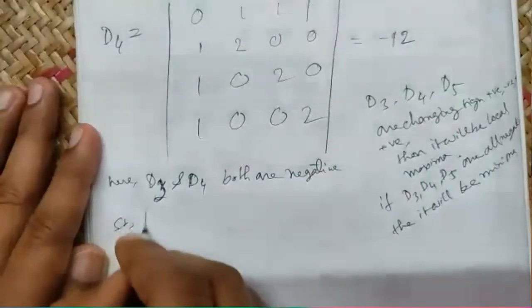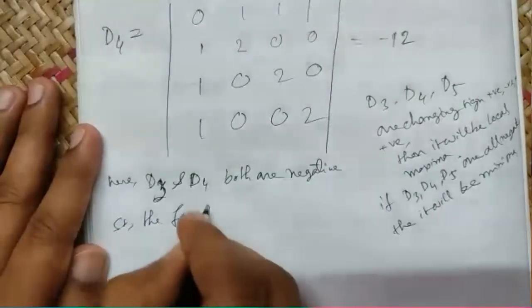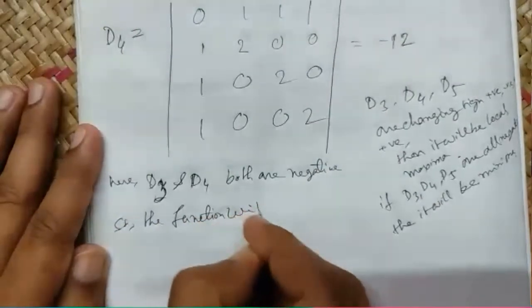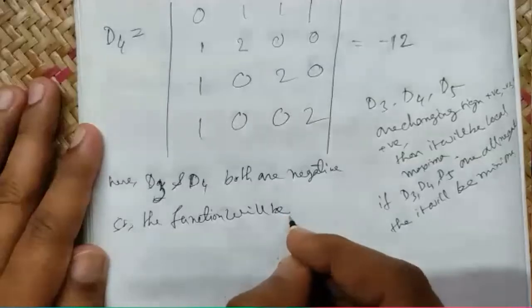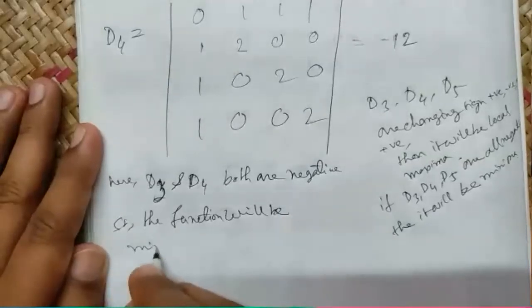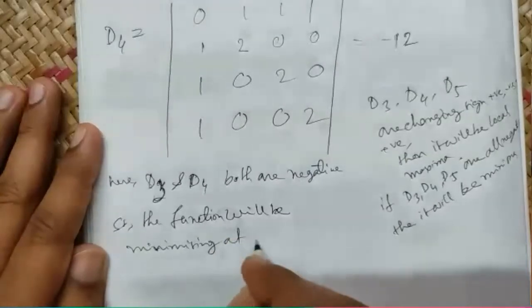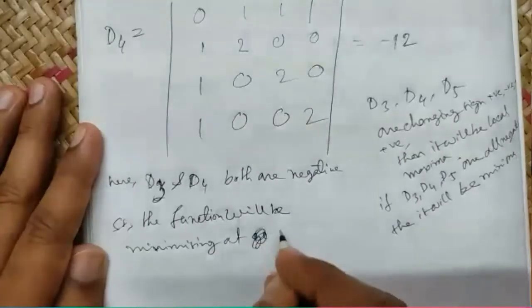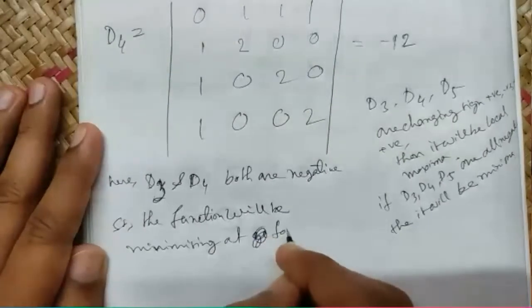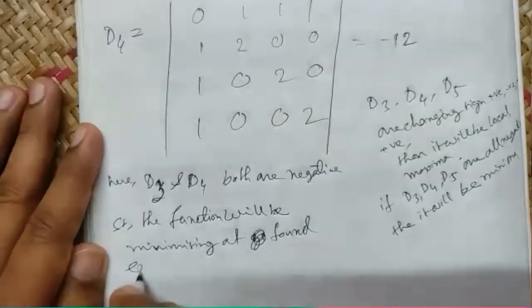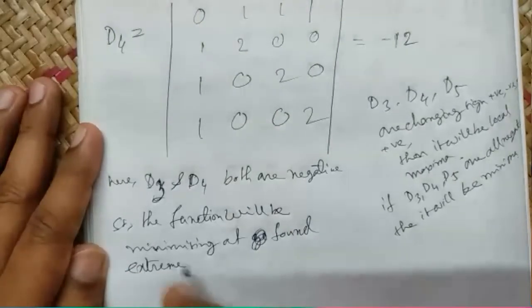So the function will be minimizing at the found extreme point.